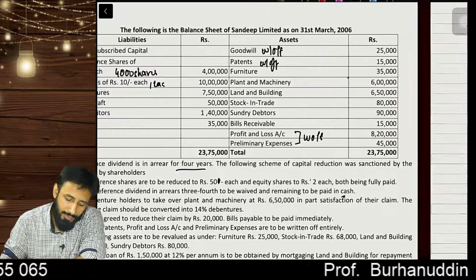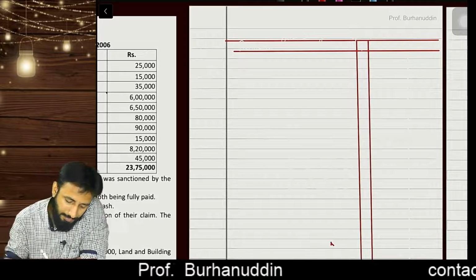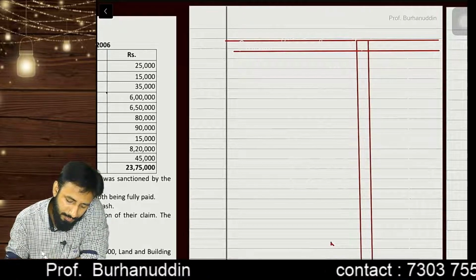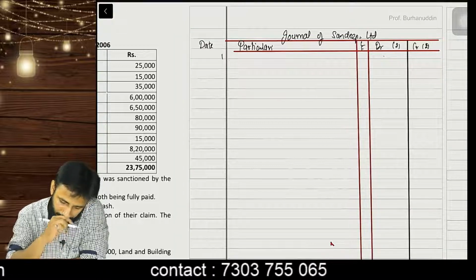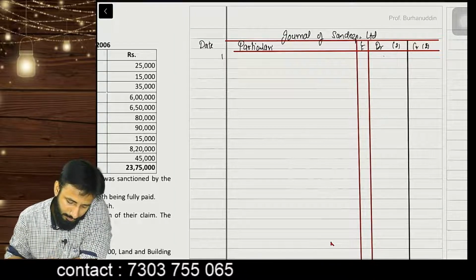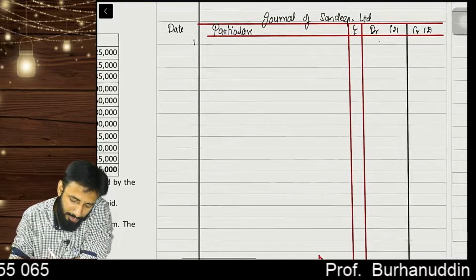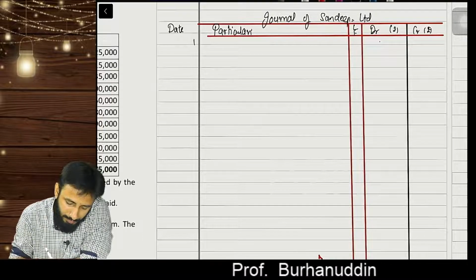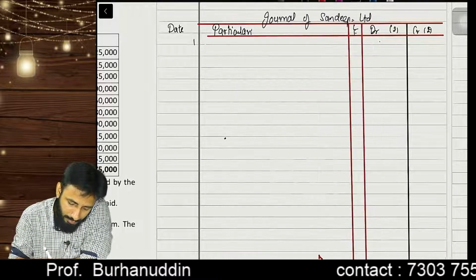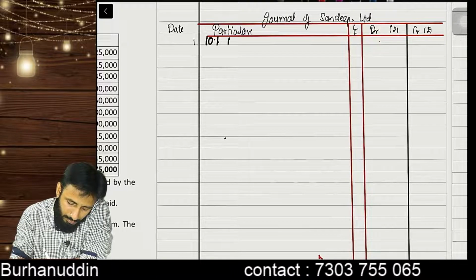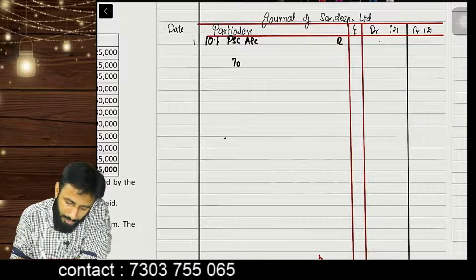and preference shares are 10%. So guys, the entry will be 10% preference share capital account debit to 10% preference share capital.